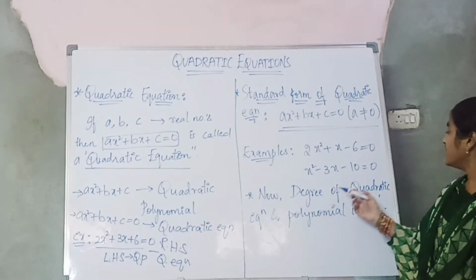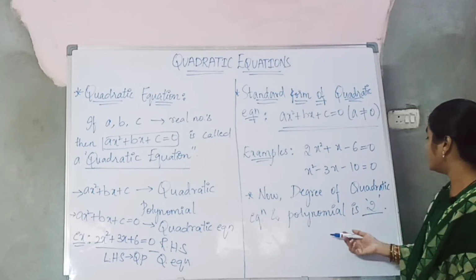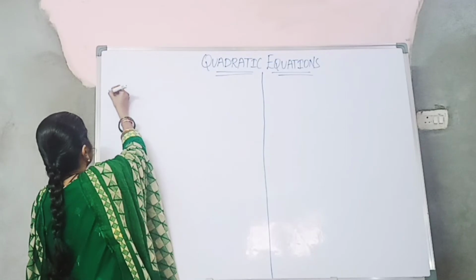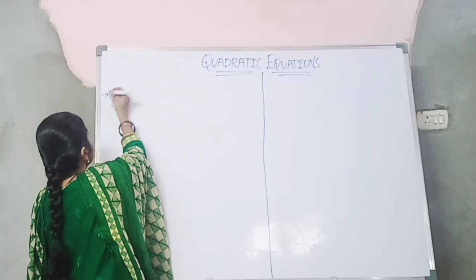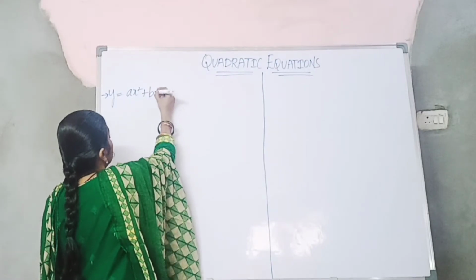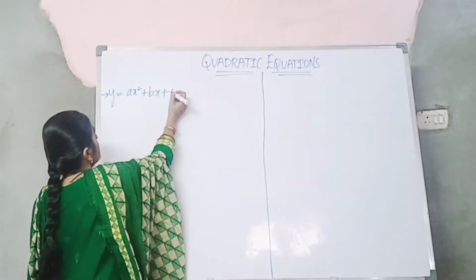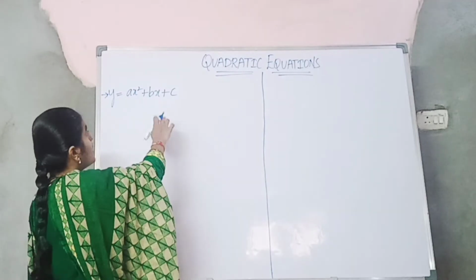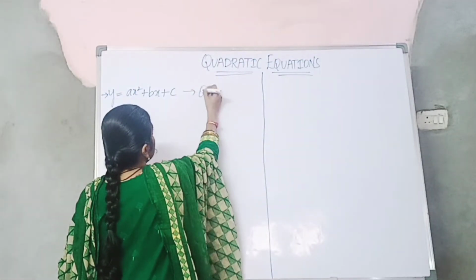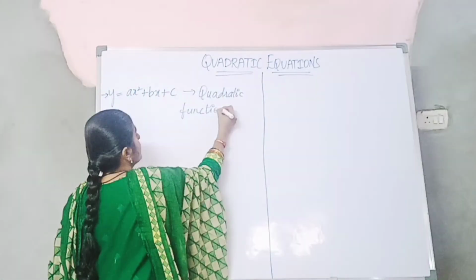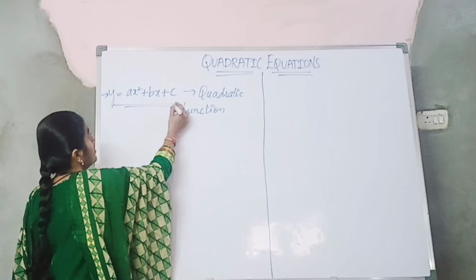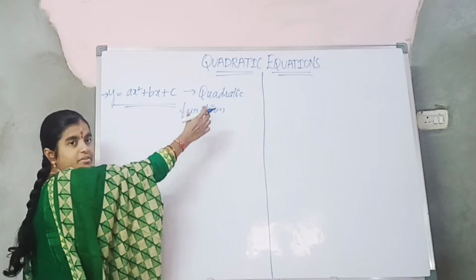Degree of quadratic equation and polynomial is 2. Now let us discuss quadratic function. If y equals to ax square plus bx plus c, then it is known as a quadratic function.